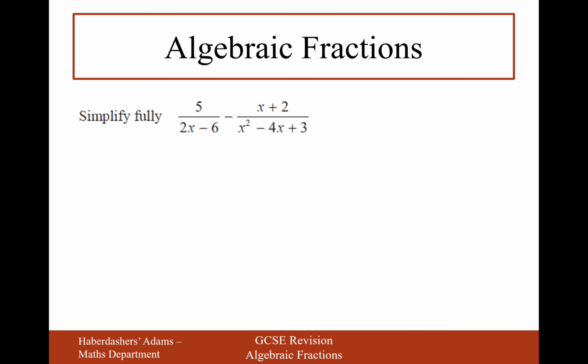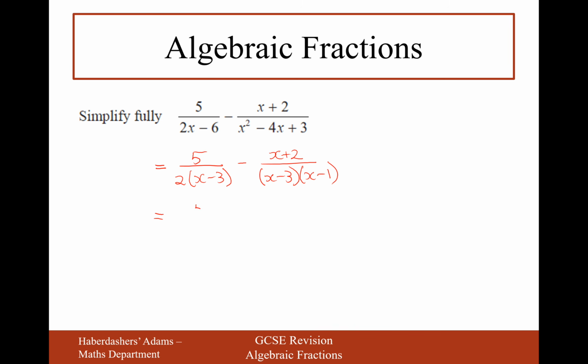Okay, so this one is very similar to the second of these subtracting fractions ones we've done. So the first thing I'm going to do here is I'm going to factorize my fraction to see what common factors I already have in play. And this one is going to be x minus 3, x minus 1. So in this question here, I already have a common factor of x minus 3 on both my denominators.